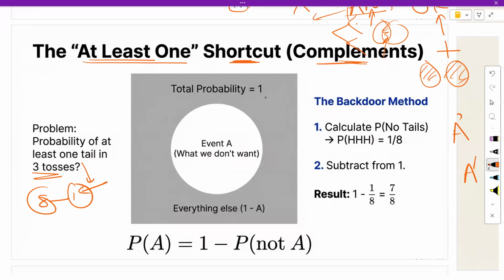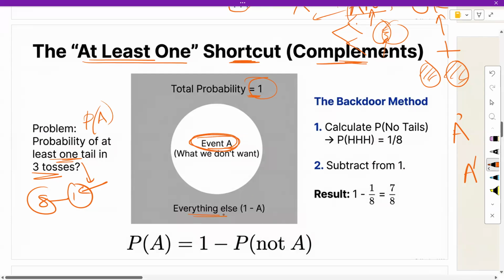The total probability of the trial is 1. The event A is the probability of at least one tail, and we want to find this A.